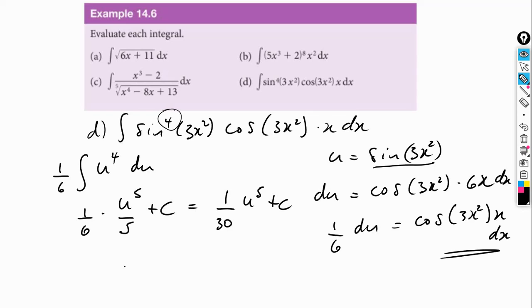And then finally, we just plug back in. So it's going to be 1 over 30 of (sine of 3x squared) to the 5 plus c.